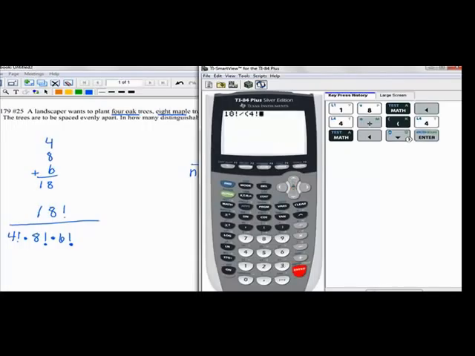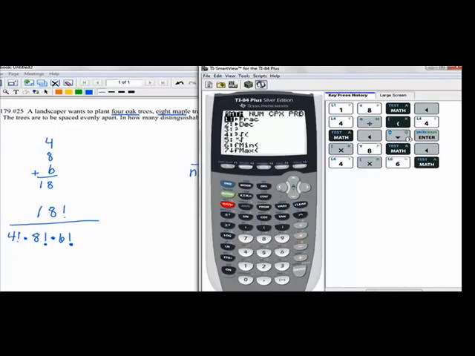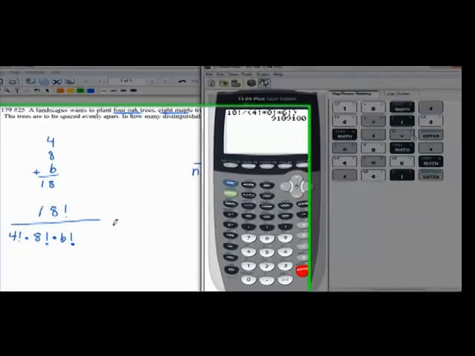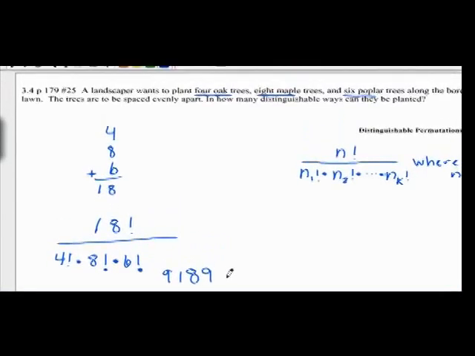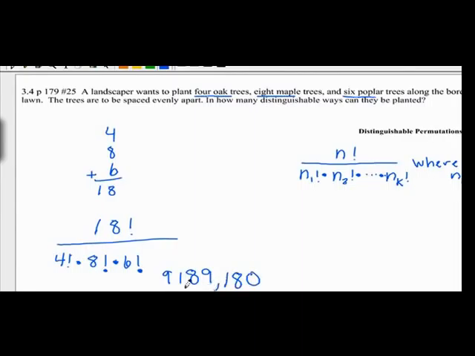It'll do the same thing. Times, and then we've got our 8 factorial, 8, math, arrow over, number 4, times 6, math, probability, number 4. And I'm going to close that parentheses and press enter. And it's a really large amount. You wouldn't think it's this much. And that's going to be 9,189,180 different permutations of ways to put those trees.